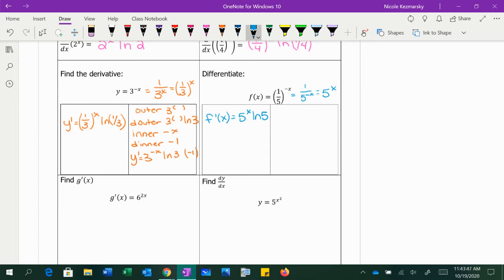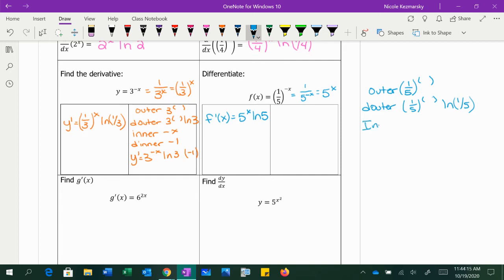If I wanted to treat this as a chain rule problem, I would say my outer is 1/5 to the something. Then the derivative of the outer is 1/5, rewrite it, to the something times natural log of 1/5.